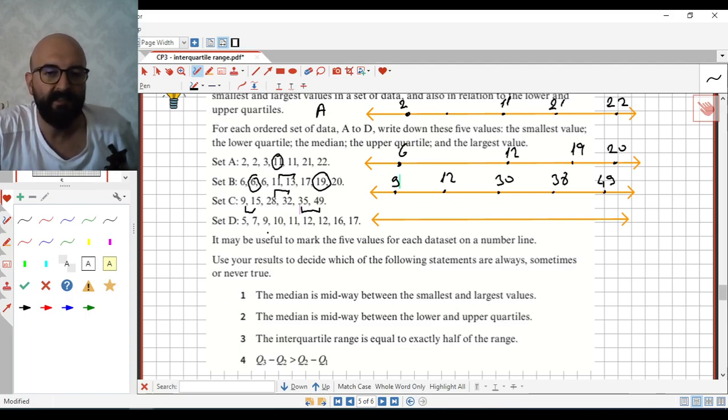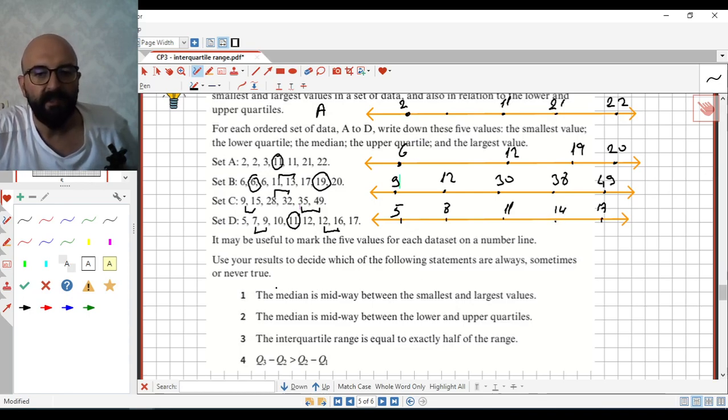For set D, the median is 11, the lower quartile is (7 + 9) divided by 2, which is 8, and the upper quartile is (12 + 16) divided by 2, which is 14.